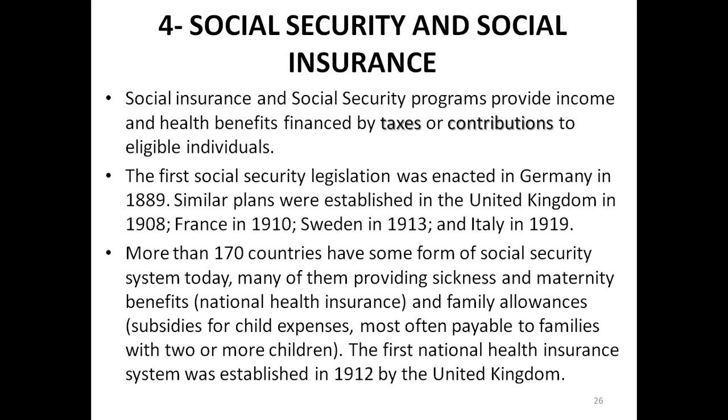More than 170 countries have some form of social security system today, many of them providing sickness and maternity benefits, national health insurance, and family allowances, most often payable to families with 2 or more children. The first national health insurance system was established in 1912 by the United Kingdom.